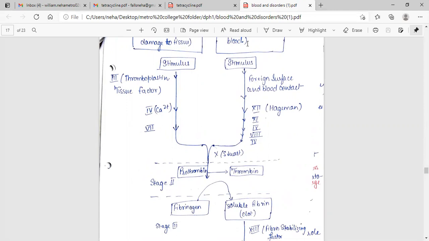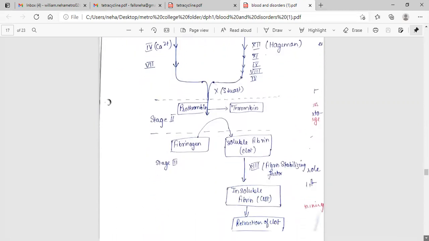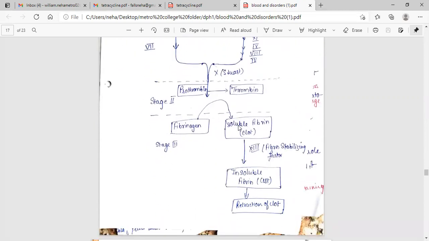The intrinsic system, by foreign surface and blood, stimulates the 12th factor, 13th factor, ninth factor, eighth factor, fourth factor, then the 10th factor, and the prothrombin stage 2. In stage 2, prothrombin is converted into thrombin, and in stage 3, fibrinogen is converted into soluble fibrin, that is clot. With the help of fibrin stabilizing factor, insoluble fibrin will be formed, and retraction of clot.